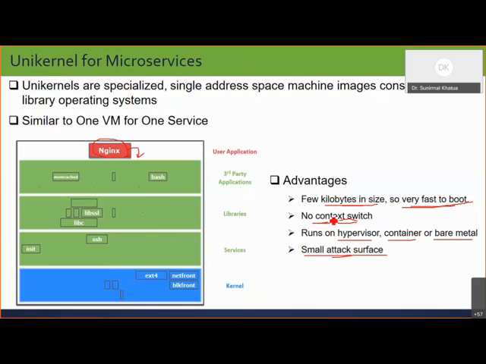Most of the time, hackers use some unused services to try to hack your applications. But since you are removing most of the unused services, the attack surface becomes very small for the hackers. They need to attack using only those modules that you also use as your service. For those reasons, the unikernel becomes a very popular choice for putting applications in a cloud environment.